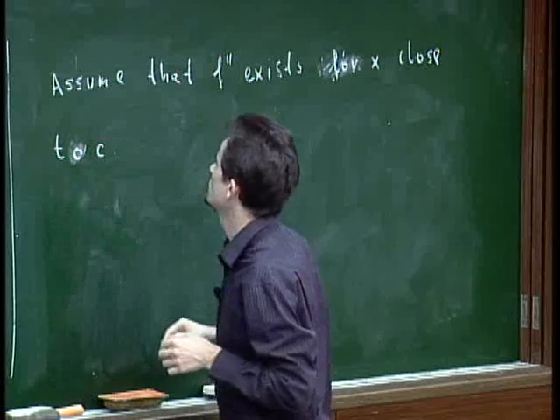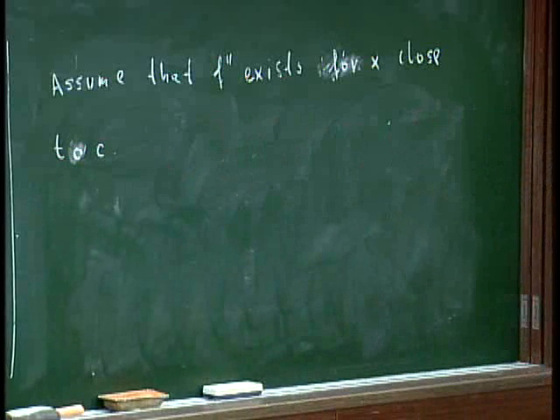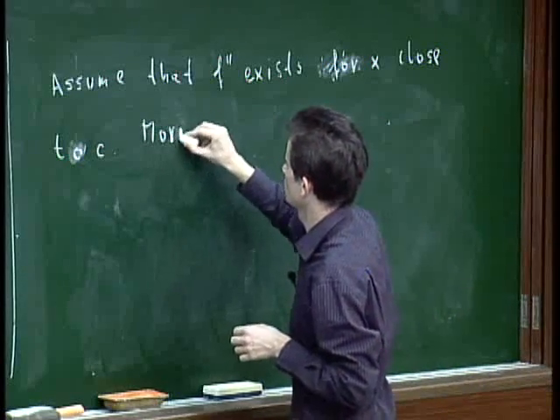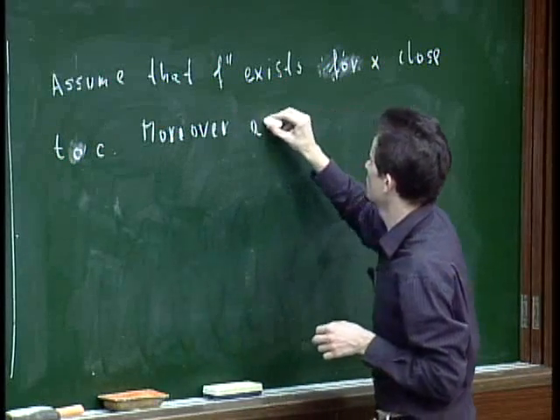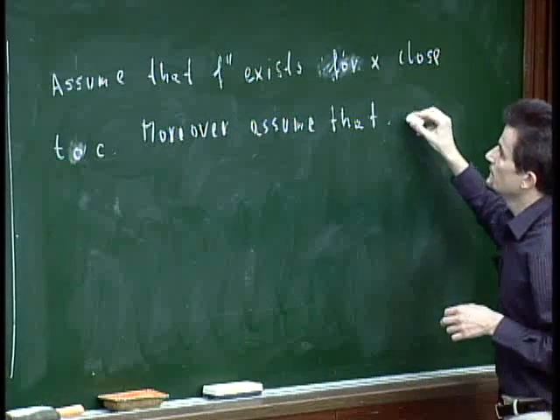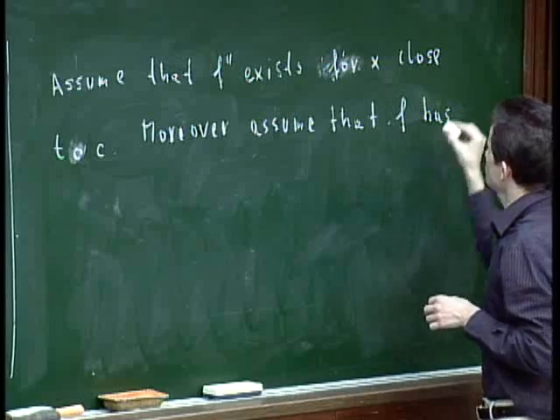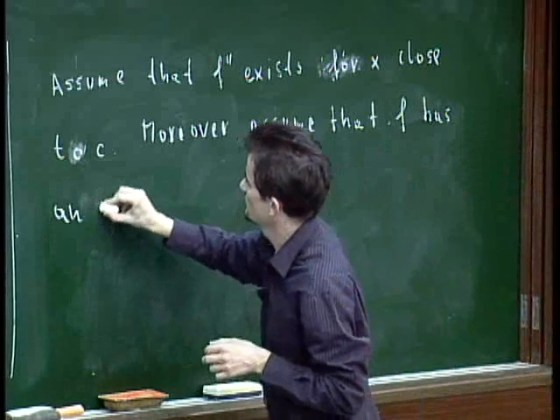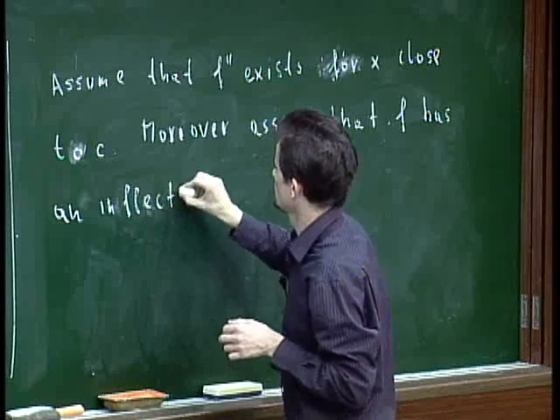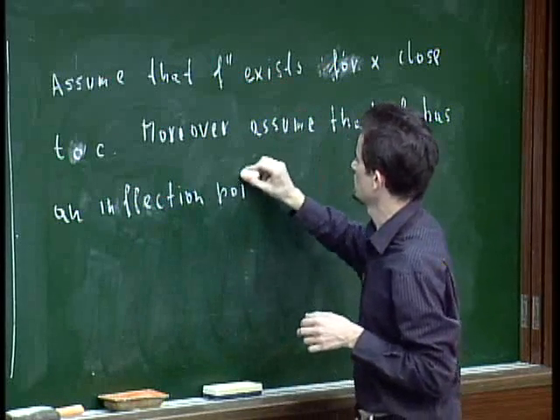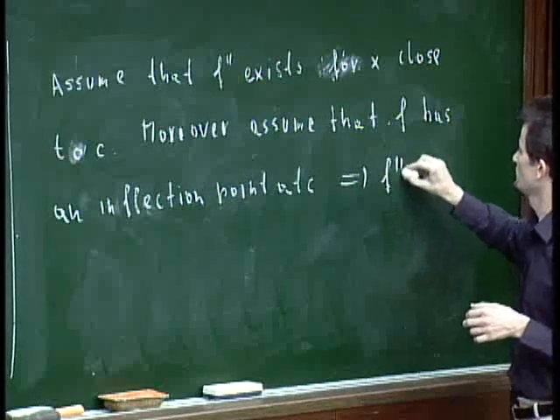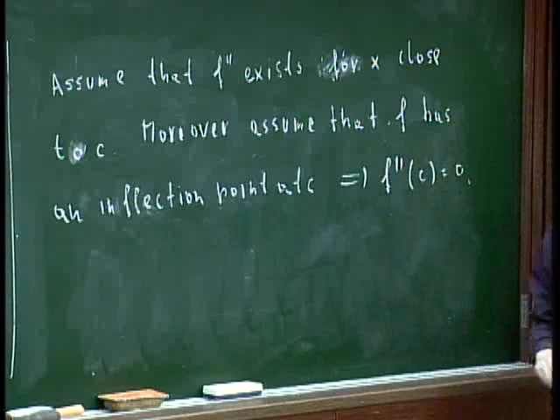Assume that the second derivative exists for x close to c. Moreover, assume that f has an inflection point at c, then the second derivative at c must be equal to 0.